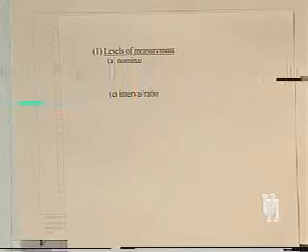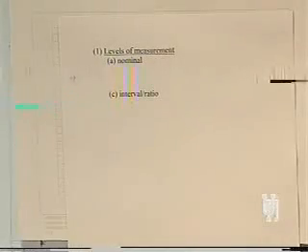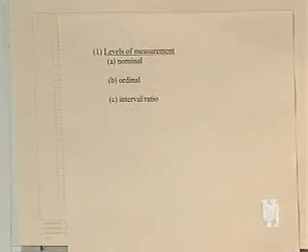For example, automobiles are defined at a nominal level. There are Fords, there are Toyotas, there are Hondas, there are Dodges, and so forth. Gender is defined nominally. There are females and there are males. That is, there is femaleness and maleness. Color is defined nominally. Red, blue, green.